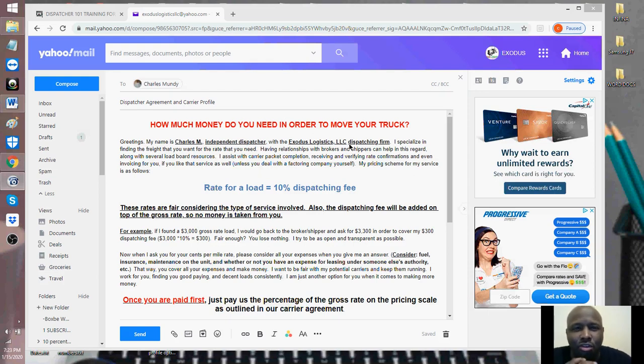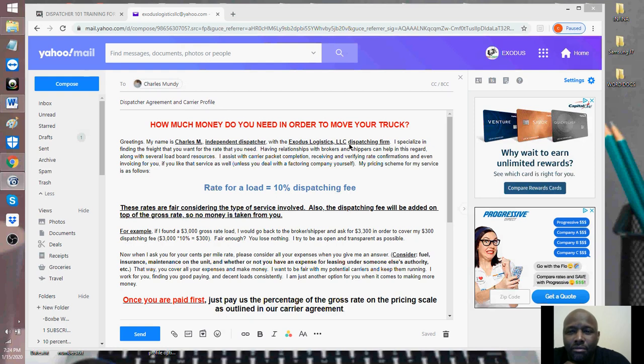So it's two different things going on with the same carrier. Correct. That's what I was asking, because I know you can't charge them twice on the same load going in one direction, but if you were brokering in one direction and then dispatching on the way back, or dispatching in a totally different direction.